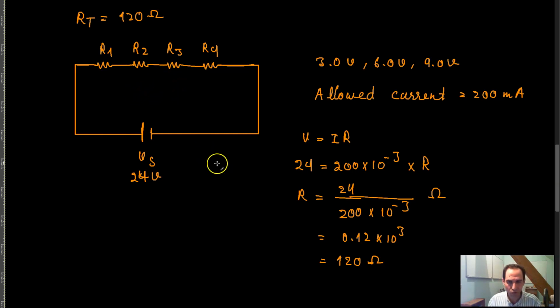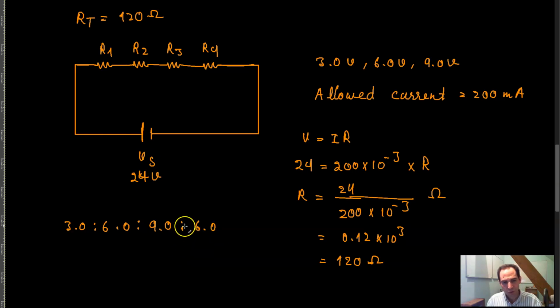Now I need to choose the values of the resistances, meaning the voltages that I get on these resistors would be 3.0, 6.0, 9.0, and the last voltage would therefore be 6, since 18 plus 6 is equal to 24, right?